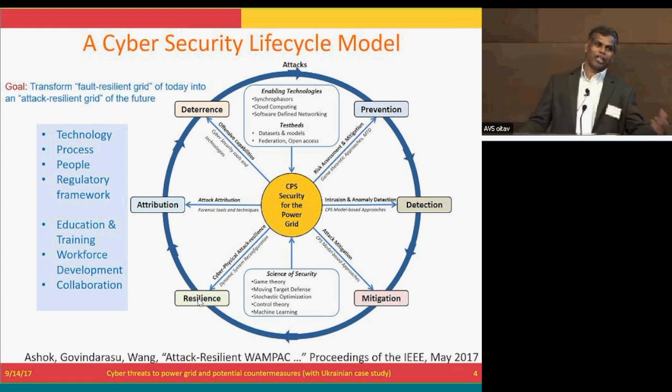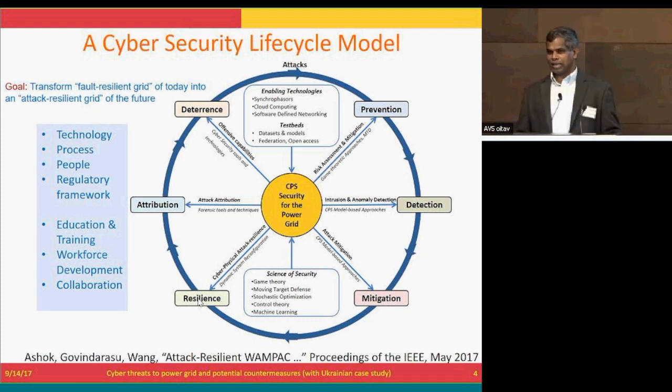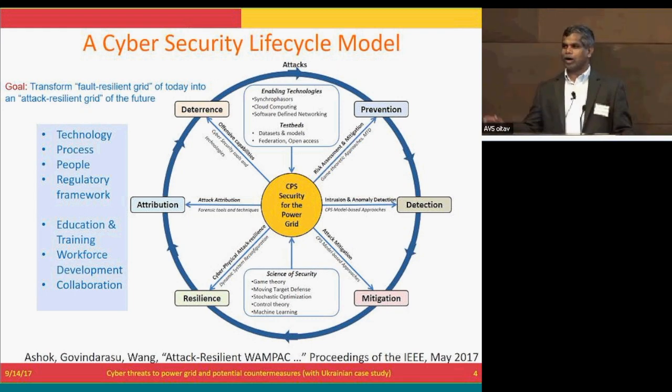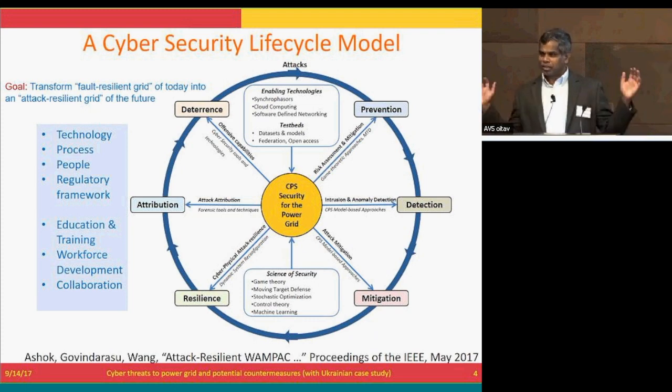But if more than one element is down or compromised, there is no guarantee that the system will be stable and reliable. It may be in some cases, but there is no guarantee for all cases. When we think about cyber attack, it is not that they are randomly going to create one line outage or take down one generator. No, they are going to create a coordinated attack in which multiple elements will be targeted.